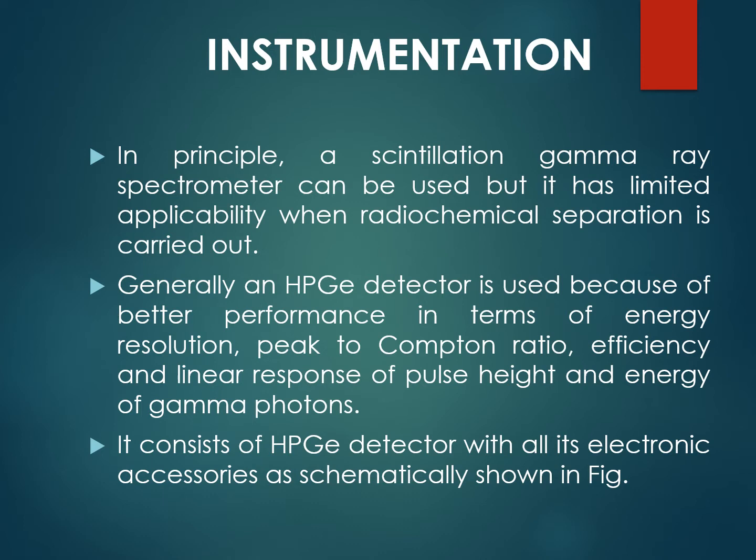So due to the lower average energy required for creating the electron hole pair in germanium, high purity germanium detectors are more conveniently used than silicon detectors.